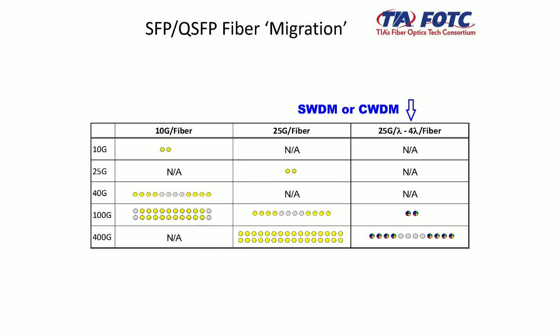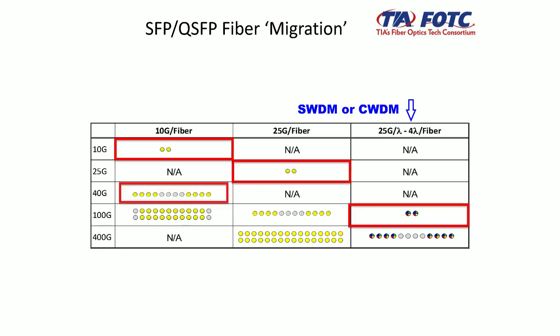So if we think about a migration from serial duplex, what we can think about is 10 gig, 25 gig line rate with serial duplex, to 4 colors where I've got 100 gig in that last column.